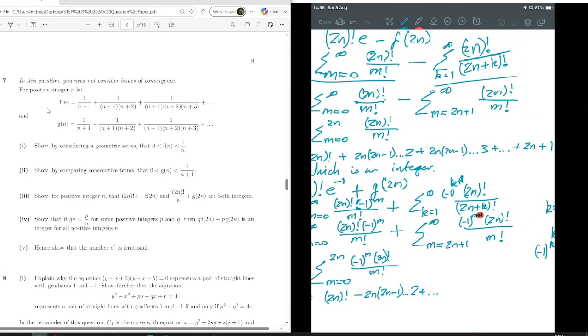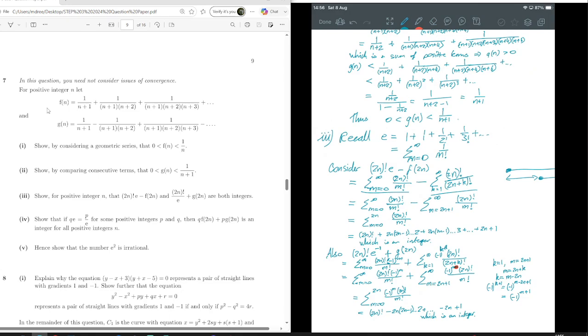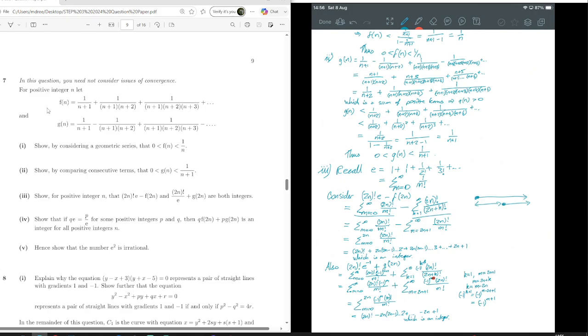The very last term will be a plus 1, so the term before is a minus 2n plus 1, which is an integer. Okay, so we've used the same idea twice, that these infinite sums, we're kind of cutting them off after some point. So how does that do anything useful?